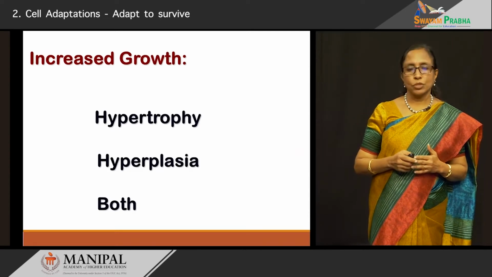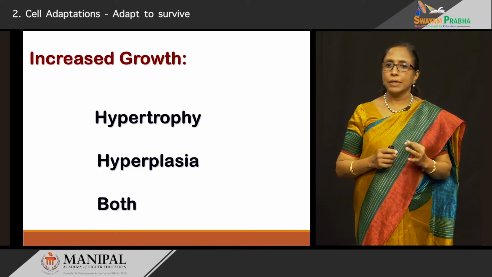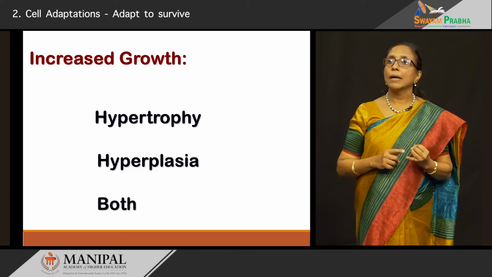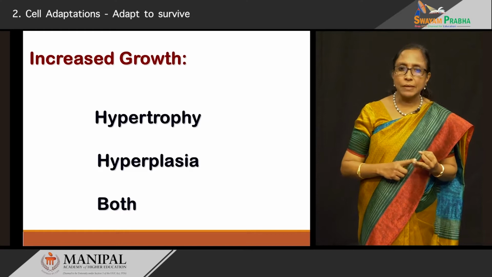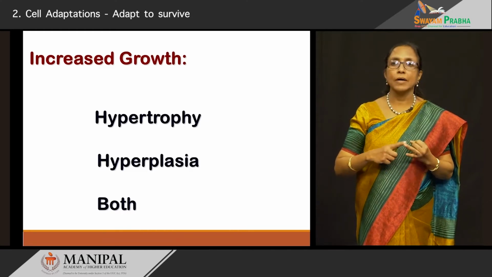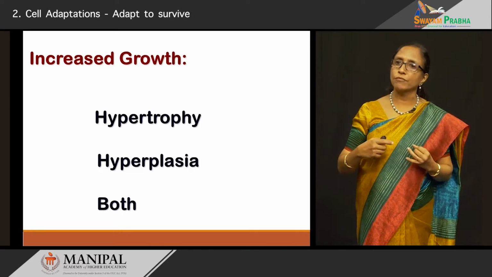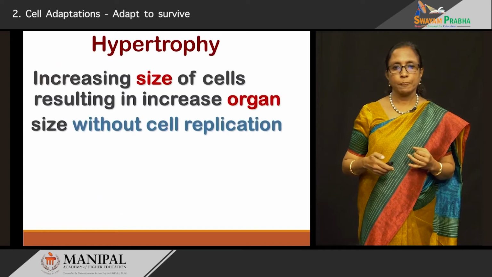In increased growth, which are the main adaptations that occur? We are going to call them three: hypertrophy, hyperplasia, or situations where both hypertrophy and hyperplasia occur together. So, we will look at each one of them individually.